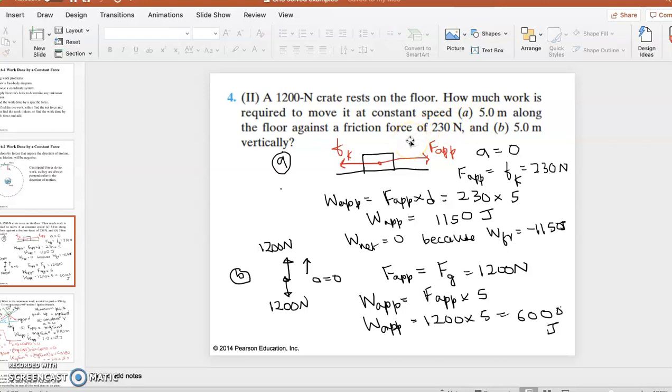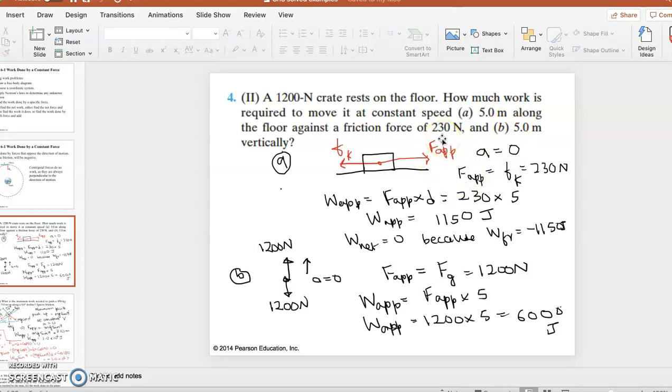He said we want it to be against this friction force. So if the friction force is 230, if we apply a force just above 230, then we can, of course, move that object 5 meters.